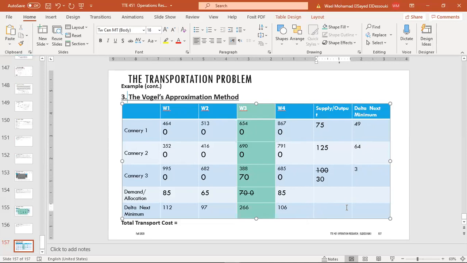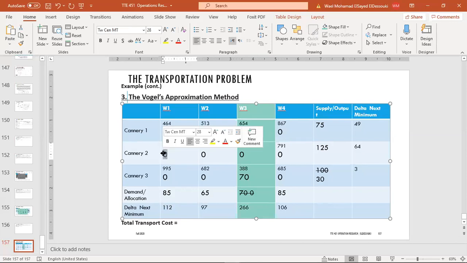Our next cell will be the cell with the highest next minimum, which is here. This cell. Assign the maximum you can. Here we have 85.